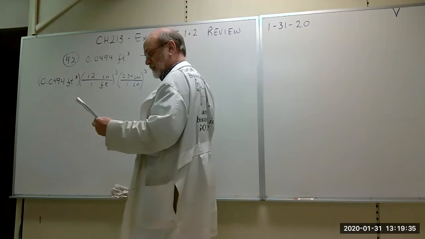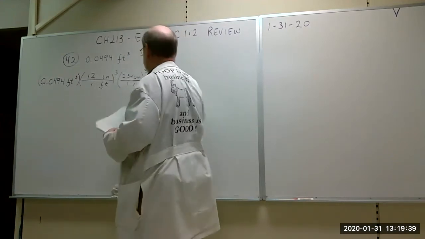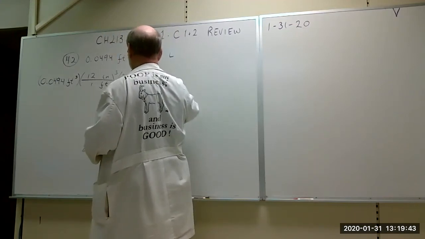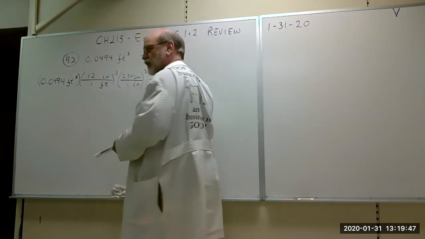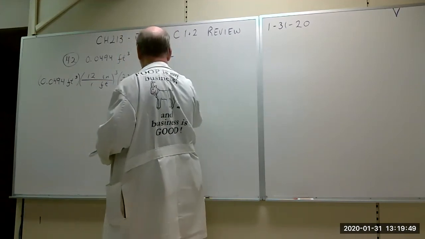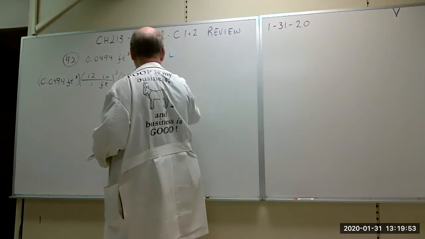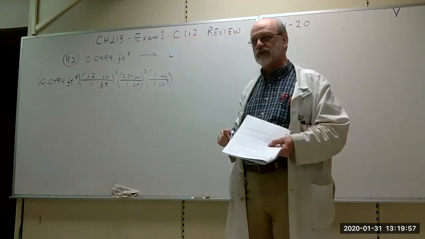We actually don't need the second conversion factor, and I'll show you why. This is cubic centimeters, right? I'm going to stick this one in here just for illustration purposes. One cubic centimeter is a milliliter.